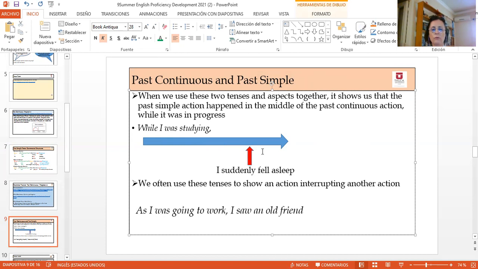I saw an old friend, this is this red arrow. While I was studying, I suddenly fell asleep. So when the two actions combine, one of the actions is happening a long time when the other occurs at one moment. So this combination is more complex to get, combining the meanings of these two. But these two occur together a lot.